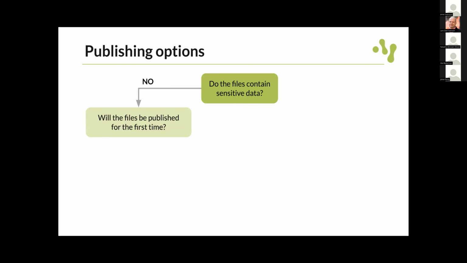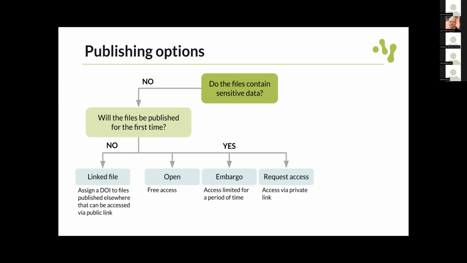If this is not the case, and the data or files are published elsewhere, for example if the files are available in another location but do not have an identifier, then you can create an identifier within the repository by creating a linked file option. But if the data is published for the very first time in the repository, then you have different options.